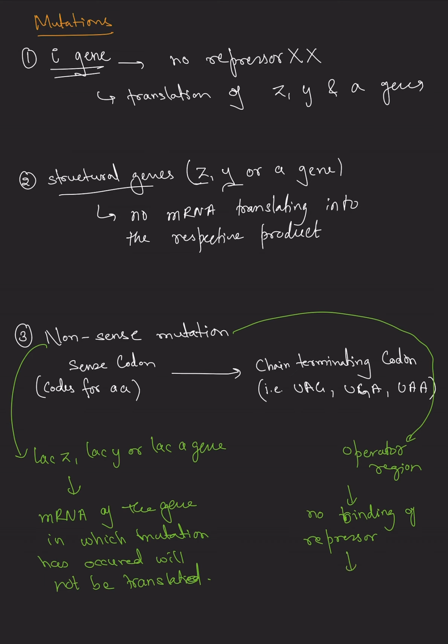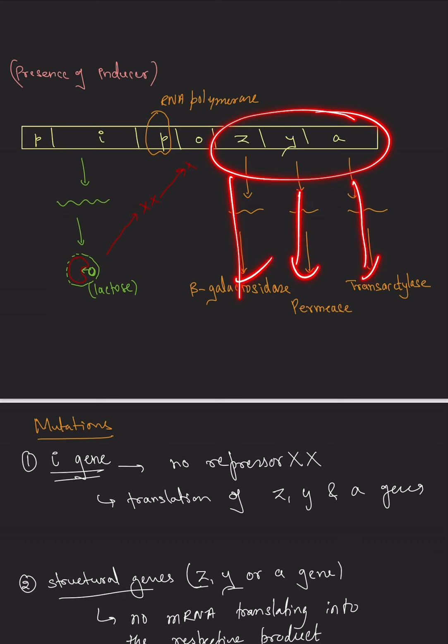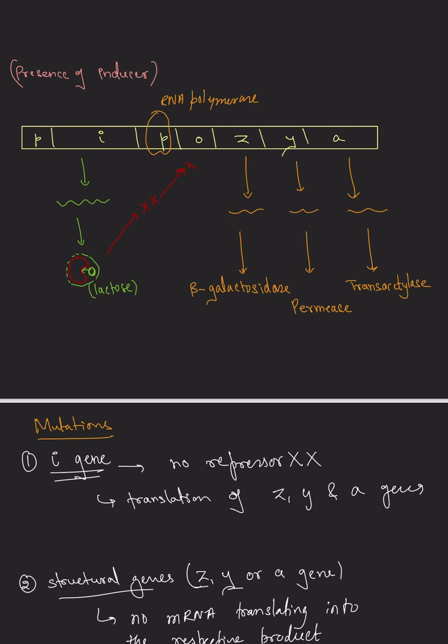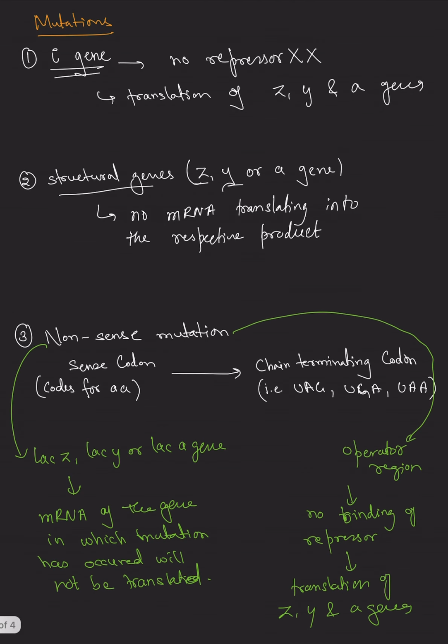Thus it leads to translation of Z, Y and A genes. See, if there is no repressor binding to the operator region, then all the structural genes will be transcribed and translated into their respective products.